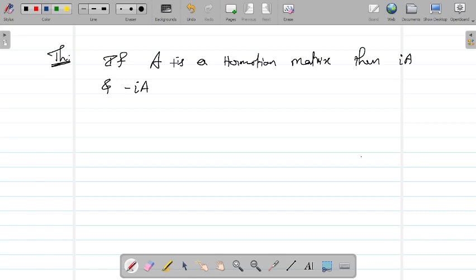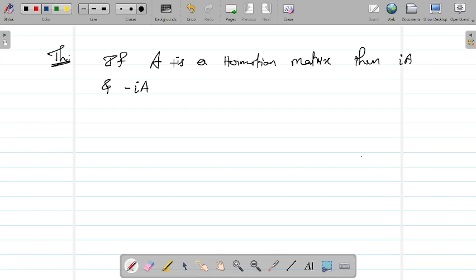So let's take the conjugate transpose. This is nothing but (iA) whole conjugate transpose; that's the definition of star, right? We can take the i conjugate out, and write this as i conjugate times A conjugate transpose.